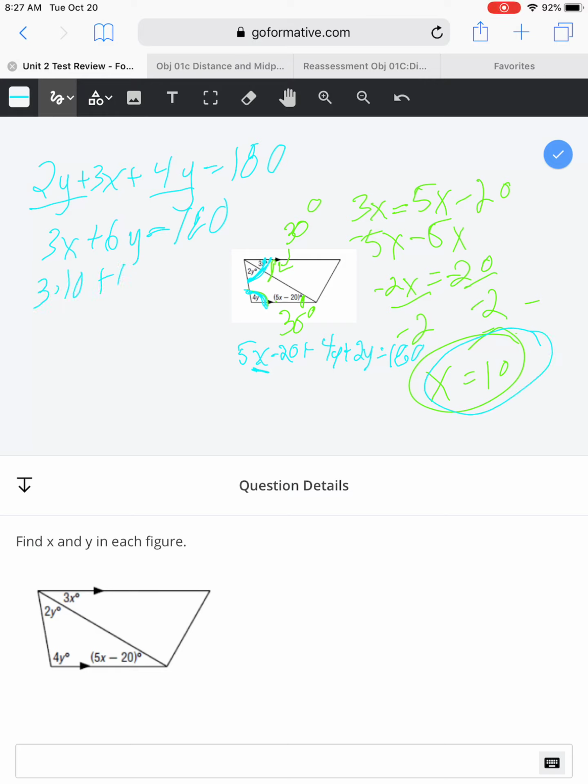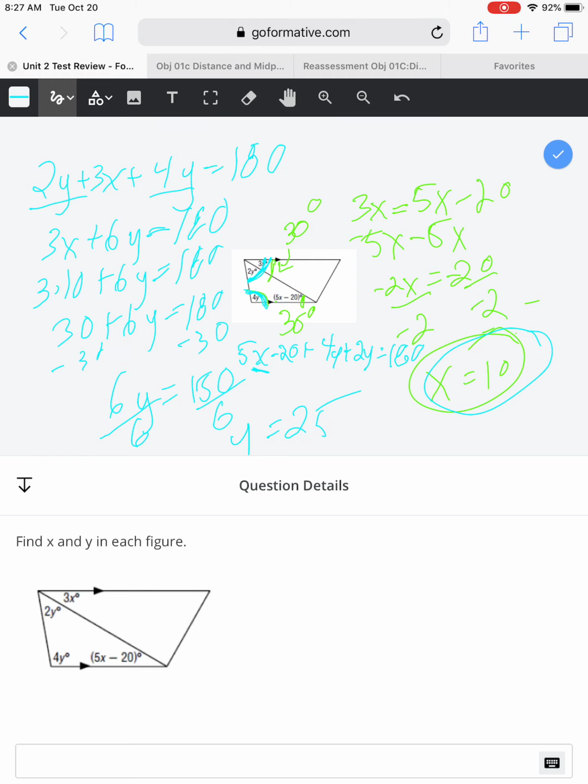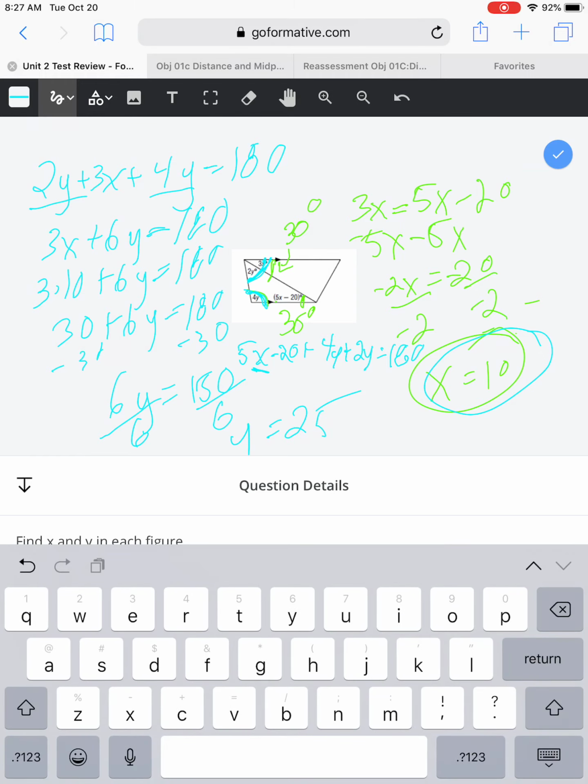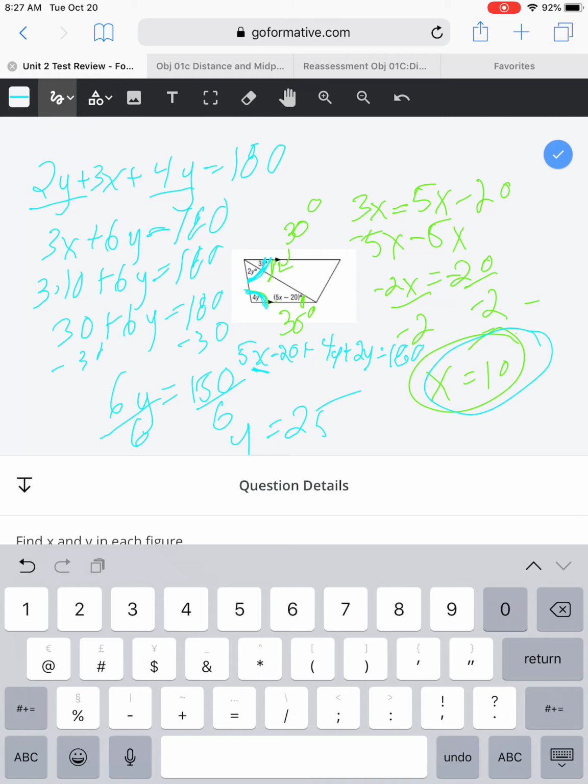So 3 times 10 plus 6y equals 180. 30 plus 6y equals 180. Subtract 30, subtract 30, 6y is equal to 150. Divide by 6, divide by 6. Y is equal to 25. So you have x is equal to 10, and y is equal to 25.